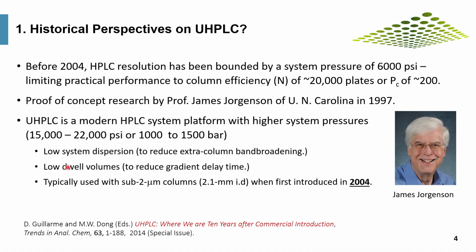Also, in conjunction with lower system dispersion to reduce extra column band broadening, and lower dwell volume to reduce gradient delay time. And typically at the debut it was used with sub 2 micron particles in a column of 2.1 mm ID.